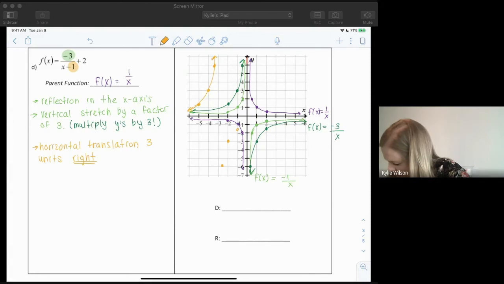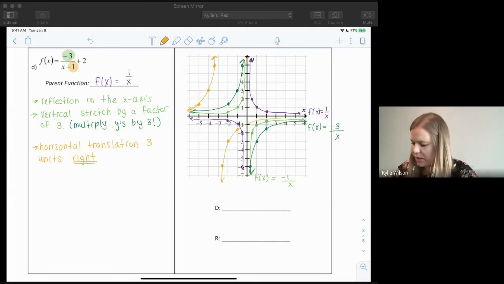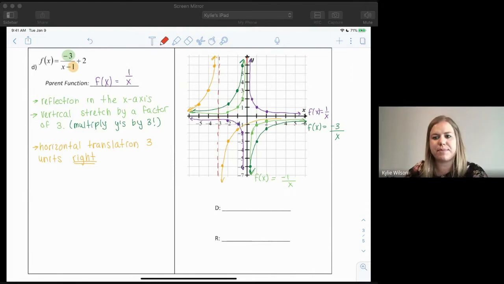There we go. And we see our line getting really close to our new asymptote at y equals 3. Yes, Keith. Why is it not 1 unit? Oh, because I looked at the wrong thing.